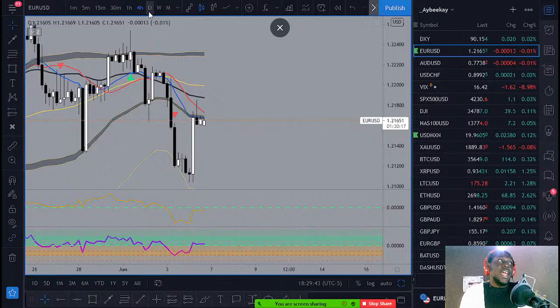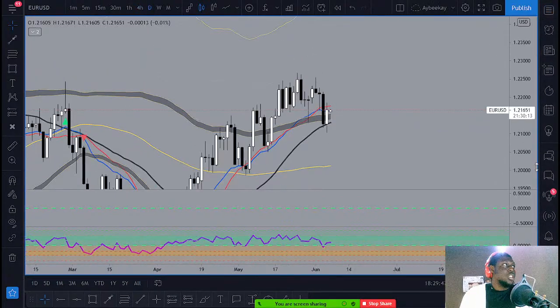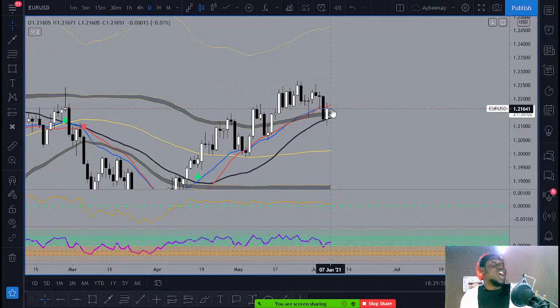So yeah, I need the US dollar to push, because look at the same thing right here. Price just bounced off of the RSI line and rejected off of it. So I need to see this actually push down before I say, okay, now it's made a lower low on the daily.